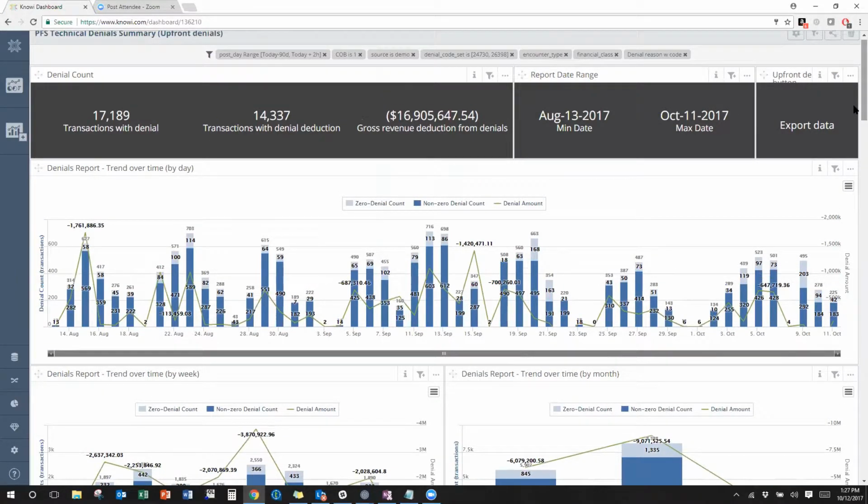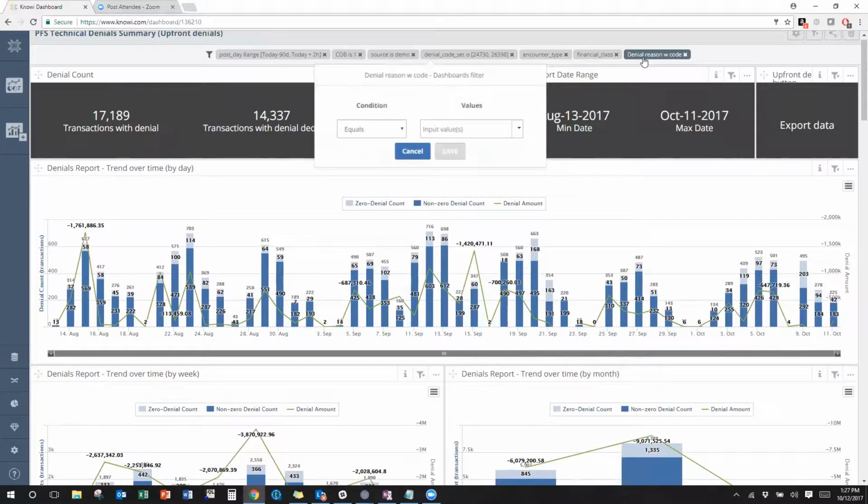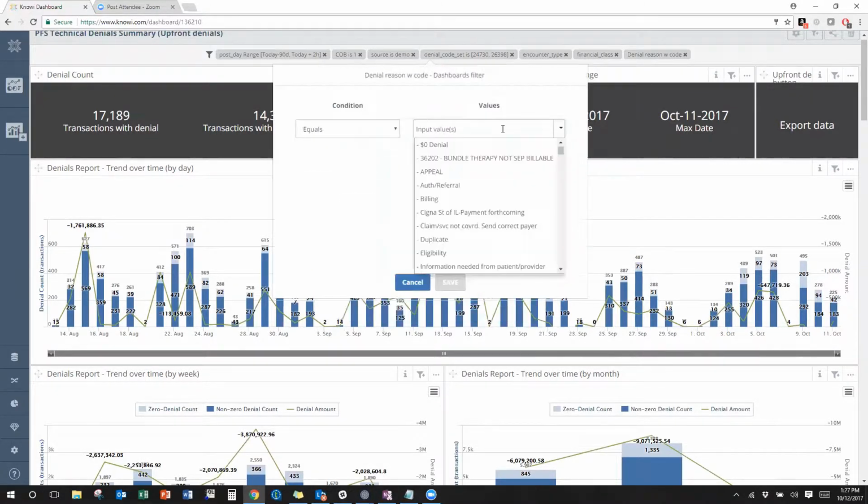And then, as I mentioned, one thing someone might want to do is say, give me all of the denied claims in the past 60 days that are for inpatient encounters and are related to authorization reasons. As some of you might know, insurance companies report why they deny claims a little bit differently.